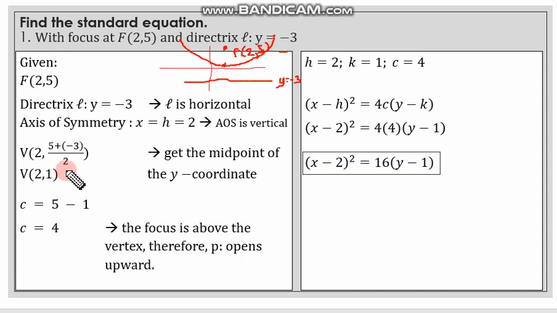To get the vertex, we will use the midpoint formula.